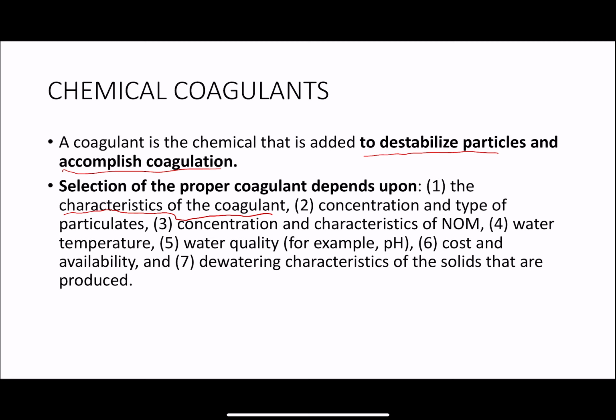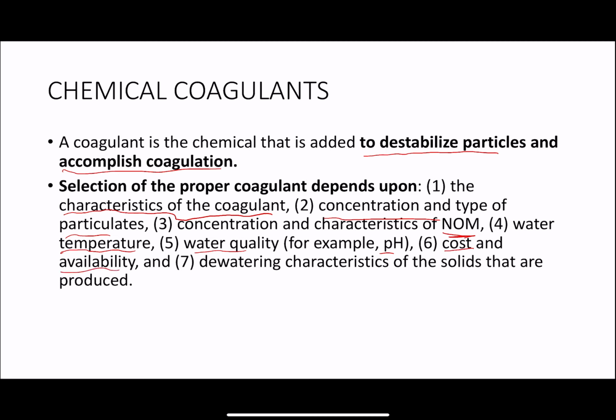Not only that, the concentration and type of particulate, how much particulate we have in water, the concentration and the type. Concentration and characteristics of natural organic matter. Water temperature is also another factor. Water quality, for example, pH. Cost, of course, and availability.